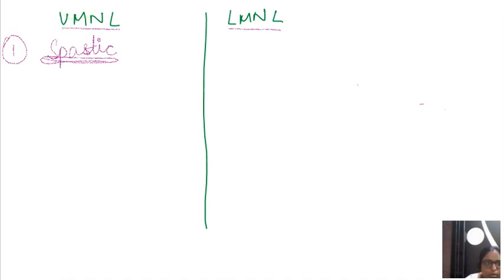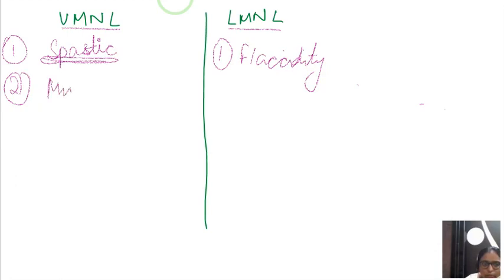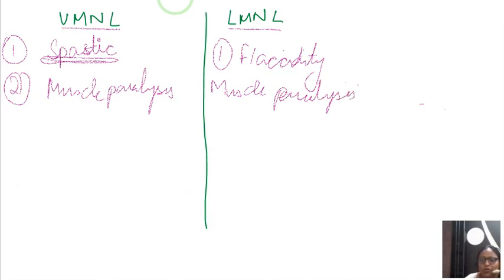And in the lower motor neuron lesion, the patient will present as flaccid. So flaccidity type of muscle contraction would be there, right? The second one is that muscle paralysis will be there in both the lower motor neuron lesion and the upper motor neuron lesion.